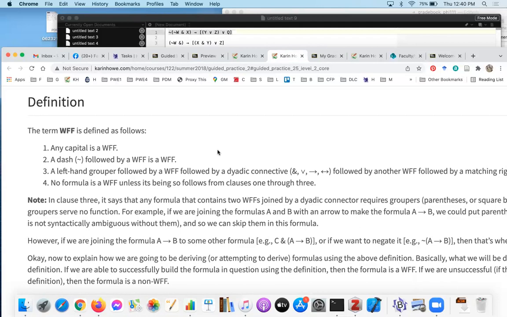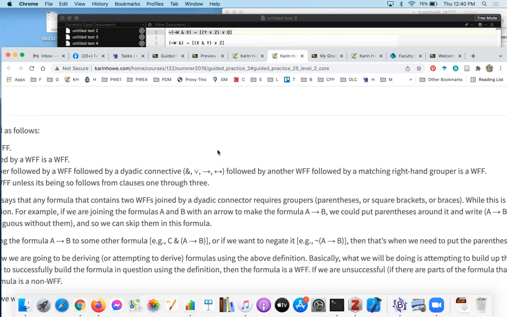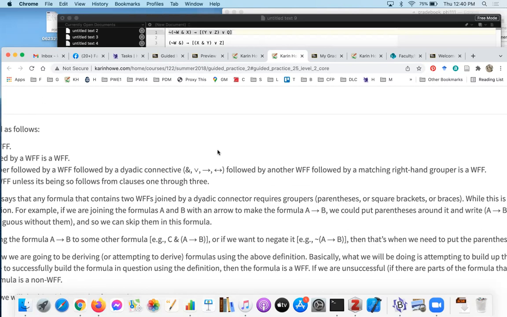Clause 3 says a left-hand grouper followed by a well-formed formula, followed by a dyadic connective. Dyadic connectives are the ones that join two formulas: ampersand, wedge, arrow, or double arrow, followed by another well-formed formula, followed by a matching right-hand grouper, is a well-formed formula.